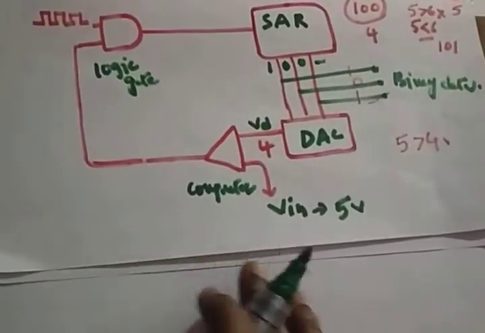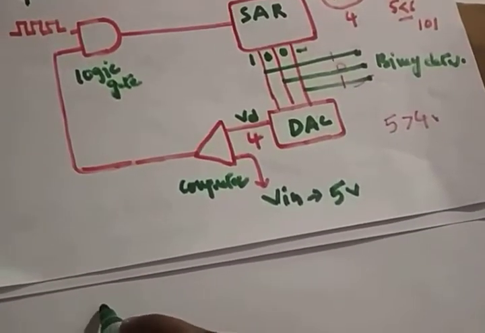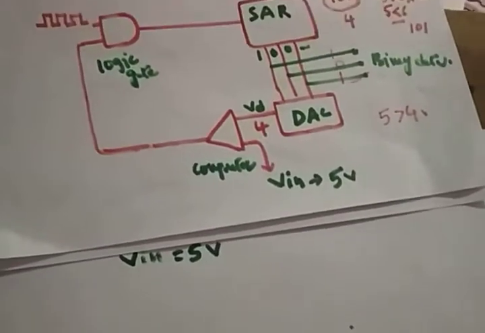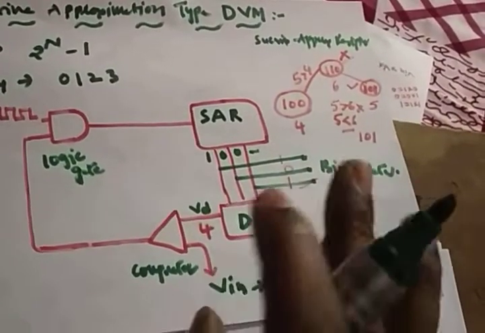Right? So whatever the V in is, you are taking 5 volts. V in is 5 volts. Now the first function of the successive approximation register, it is a 3-bit register.